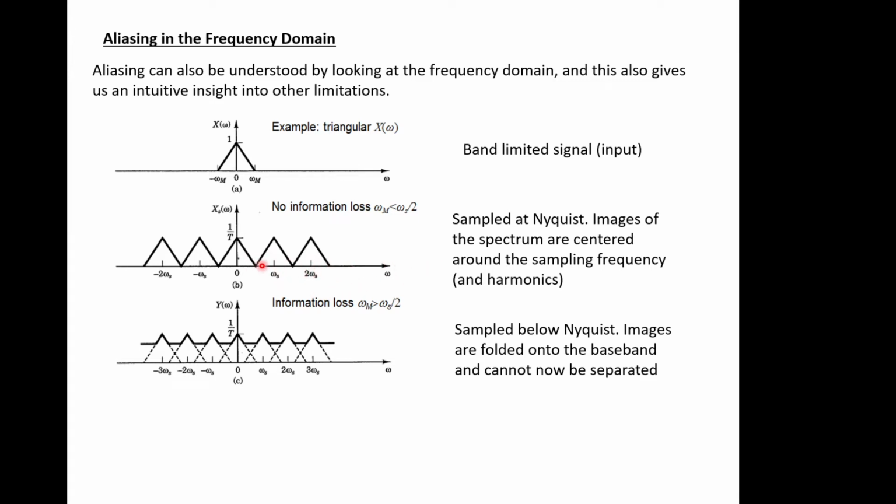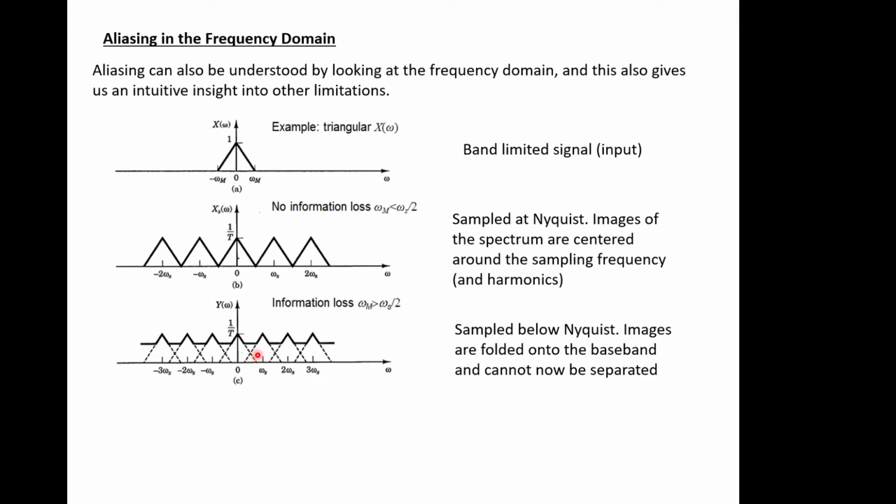And we need enough room to be able to move our band limited bandwidth, if you like, up the spectrum without it overlapping. If we don't move it far enough, we end up in this sort of situation here. So we've sampled it at the wrong frequency. We've only moved it so that we've got an overlap at this point here, and this is aliasing.